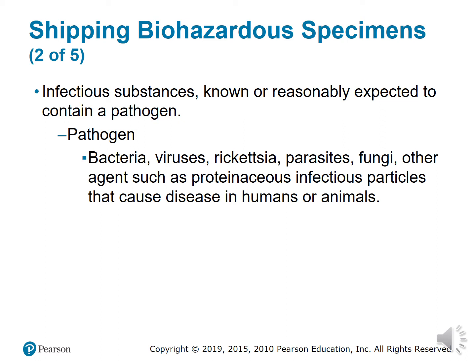Infectious substances are known or reasonably expected to contain a pathogen. A pathogen, as we spoke about in previous chapters, includes bacteria, viruses, rickettsia, parasites, fungi, and other agents such as proteinaceous infectious particles that cause disease in humans or animals.